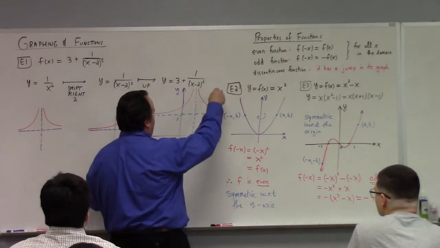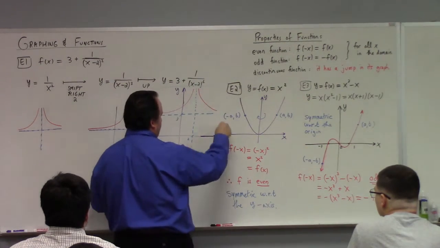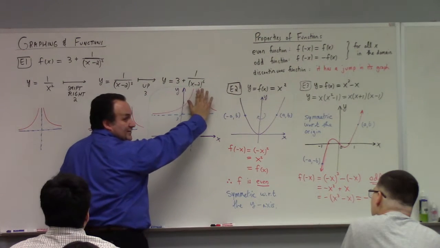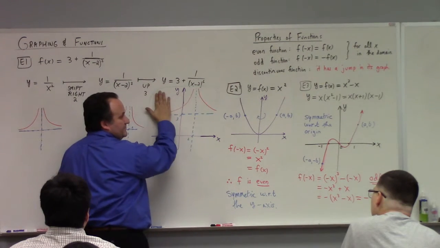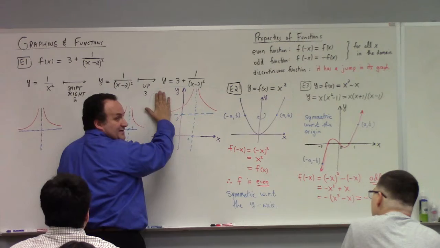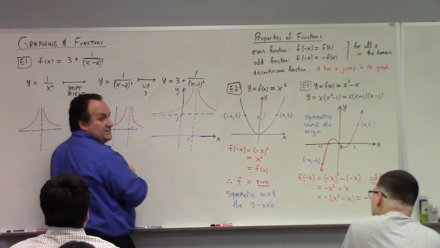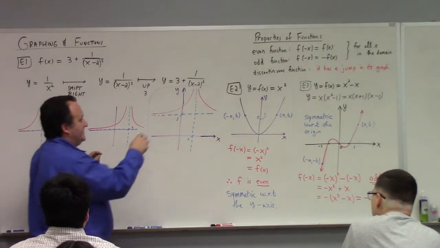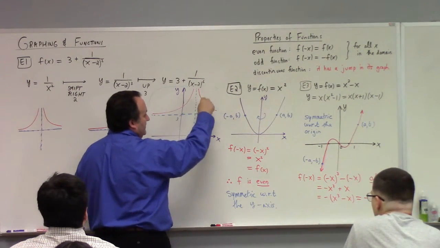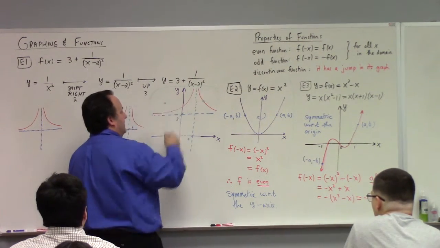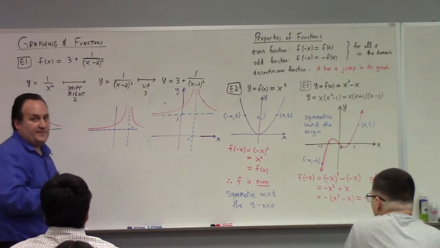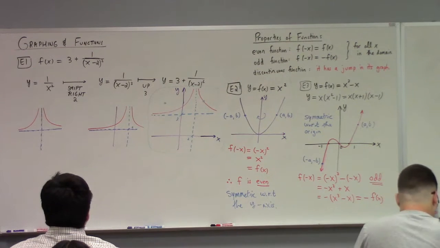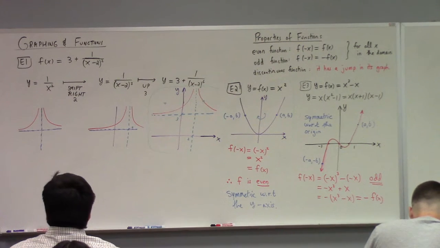Is this a graph which is even? If we reflect this across the y-axis, we don't get back where we started. We get a totally new function, totally new graph. This is not symmetric with respect to the y-axis. If you take this point right here, the corresponding point over here is not on the graph. If it was symmetric with respect to the y-axis, there has to be a pairing of these sort of opposing points across the y-axis, right?